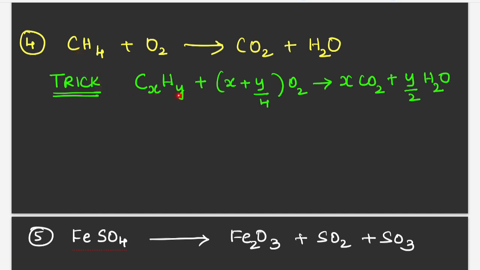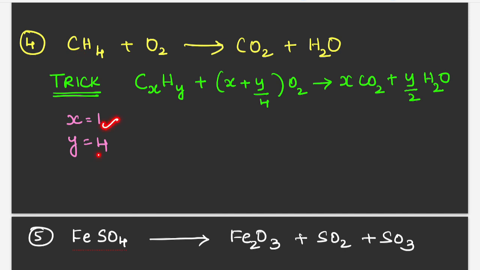In the same way y, the y value is 4. The number which is present with hydrogen will be the y value. So you know x and y now. x is equal to 1 and y is equal to 4. If there is no number, it is understood that it has 1.